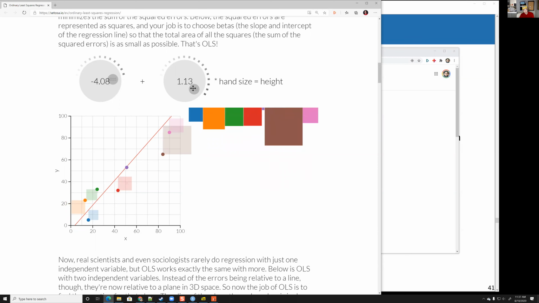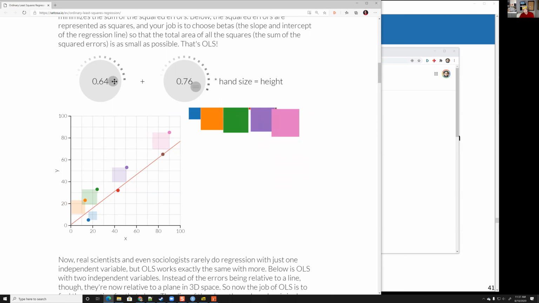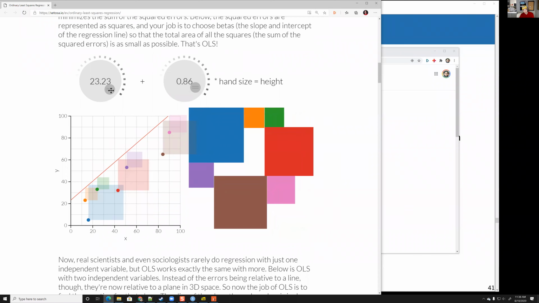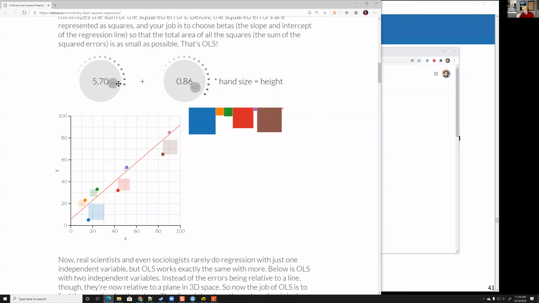You can also adjust the slope. We're looking for a combination so that the resulting fitted line ends up with the total squares as small as possible. So we can say this is no good because the squares of the residuals end up being a huge value, whereas something around here seems pretty good.